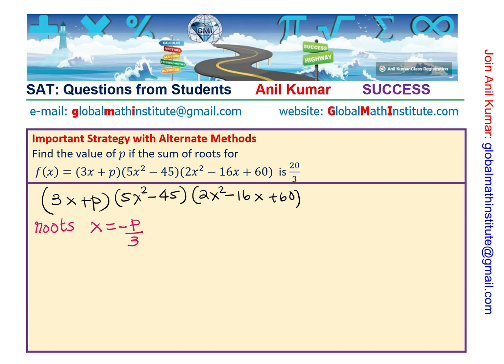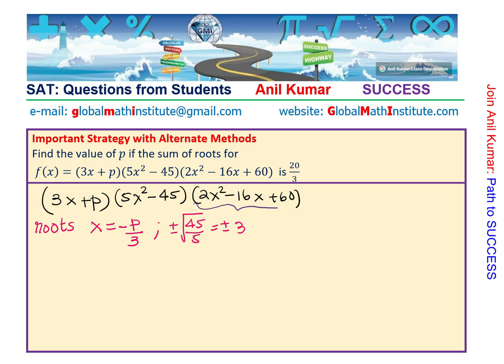That is the first root. From the other, 5x² = 45, so x is plus minus the square root of 45 divided by 5, which is plus minus the square root of 9, which is 3. And now let us see how we find the roots of this one.